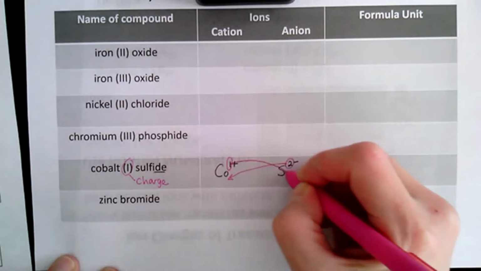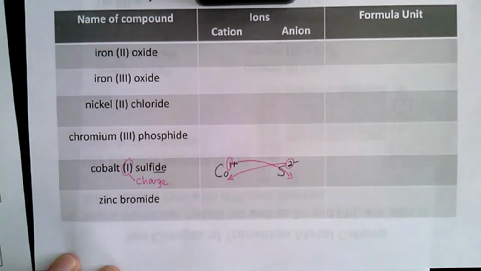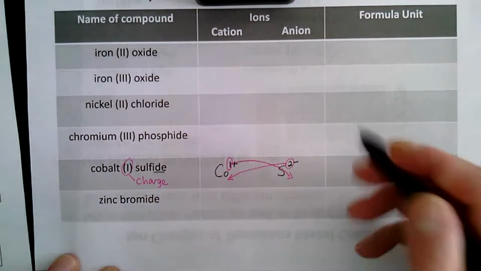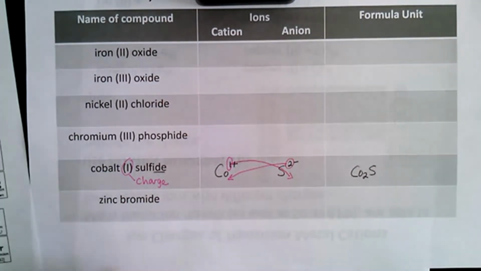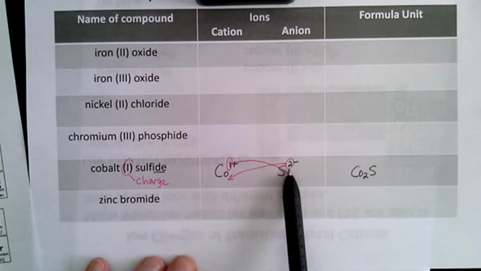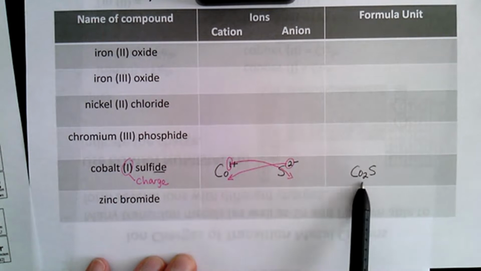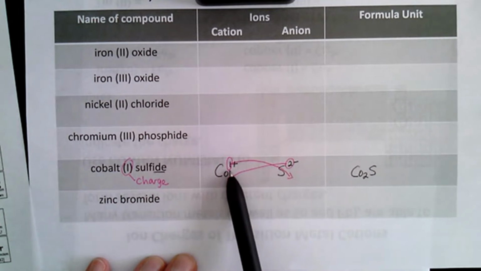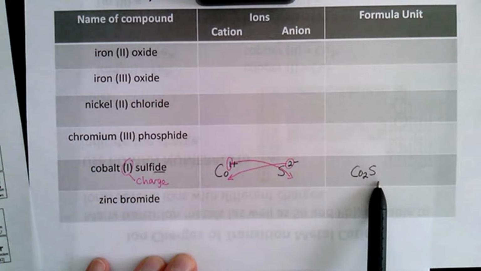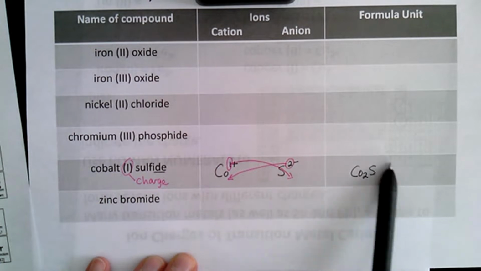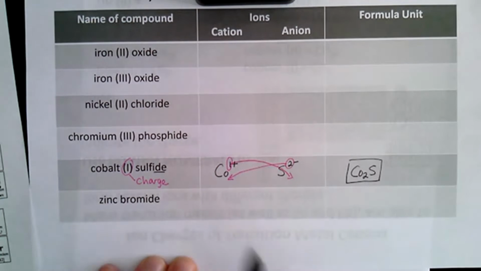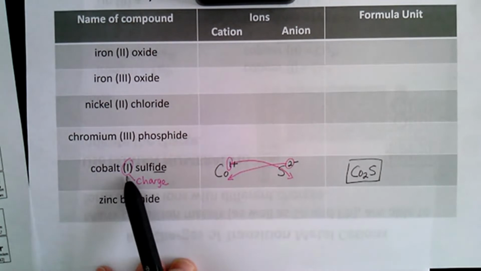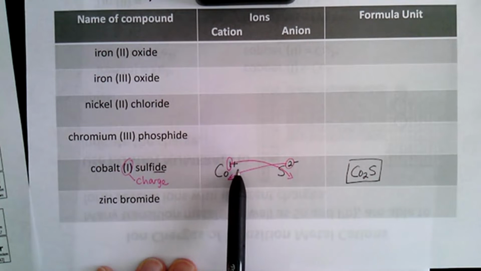This 1 is going to drop over and down by the S. And you end up with Co2S. The charge of the sulfur ion became the subscript for the cobalt. The charge of the cobalt ion became the subscript for the sulfide. Notice there are no Roman numerals in the formula. Roman numerals are in the name to indicate the charge on that transition metal.